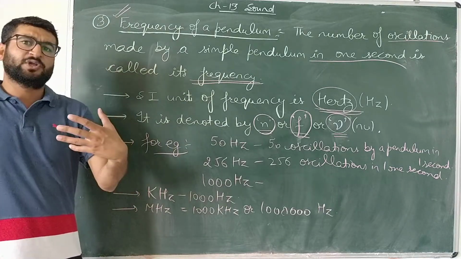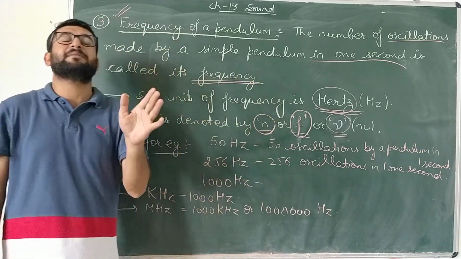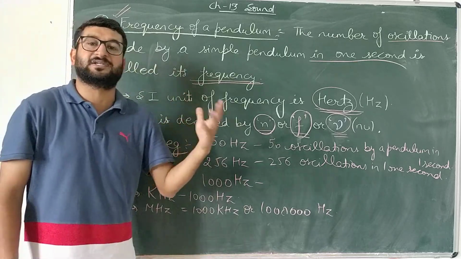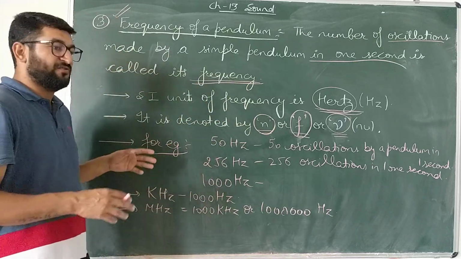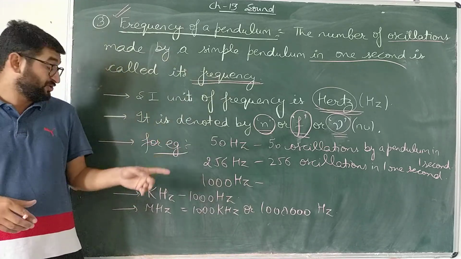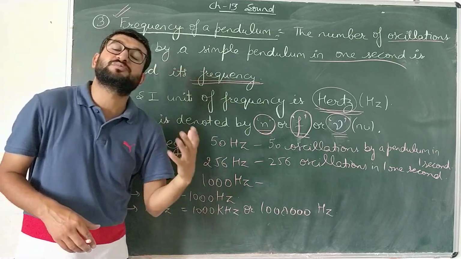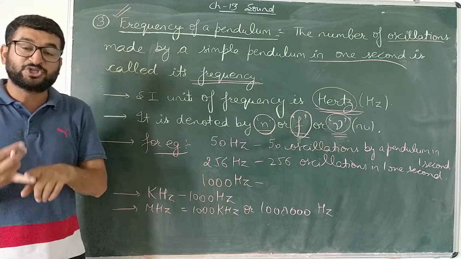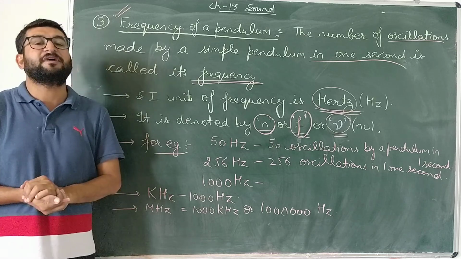You must have observed that nowadays mobile screen refresh rates are 90 hertz. So that is the frequency of the waves which is used in that screen. So hertz has certain larger as well as smaller units. So these are the terms: amplitude, time period and frequency of a pendulum.